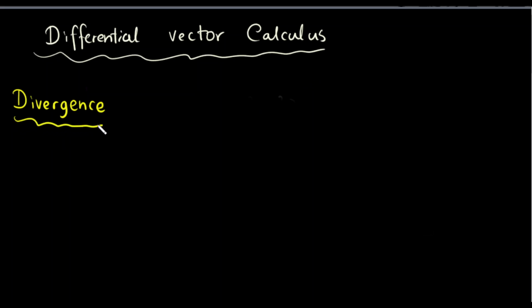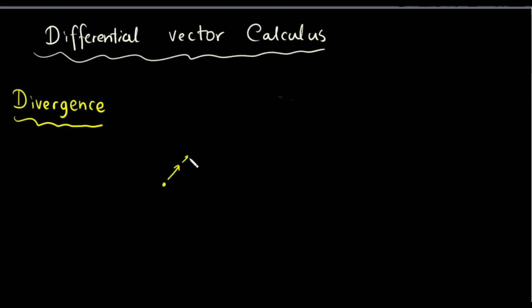So this divergence is just like a measurement of how a vector field spreads out from a given point. So actually when you have a vector, let's say you have an electric field.